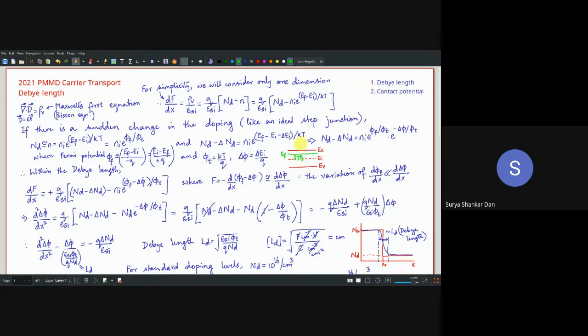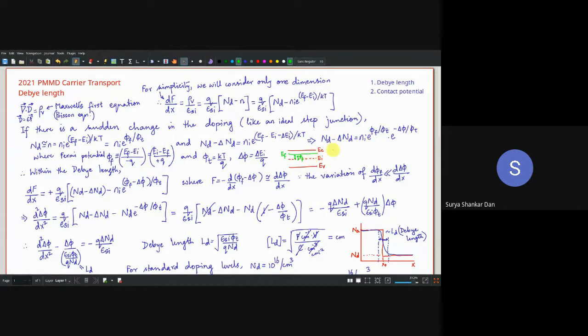Many of you, if you are brilliant, will not make a mistake, but your seniors, for the last several years, I have noticed, even in the IITs, students often make the mistake of not putting this q. Don't do that, because phi F is not energy, it is potential. So you have to multiply by charge. Charge times potential is the potential energy. Excellent. So now we have got this q times phi F.